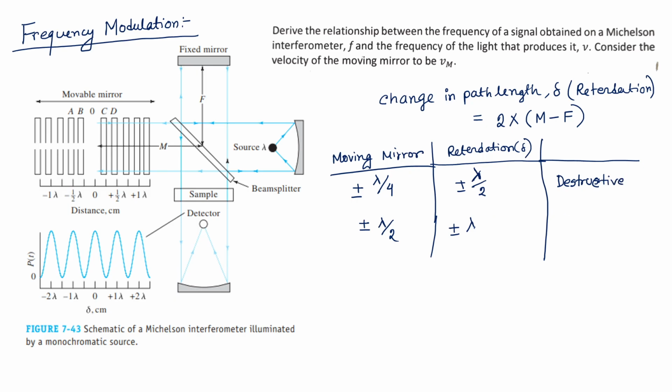When there is a gap of lambda in half integers, the phases are exactly opposite. And when it is zero, or a positive or negative integer, not a half integer, then I am going to get a constructive interference.